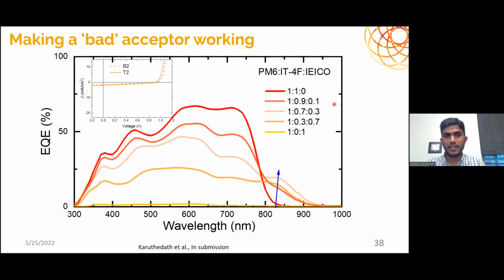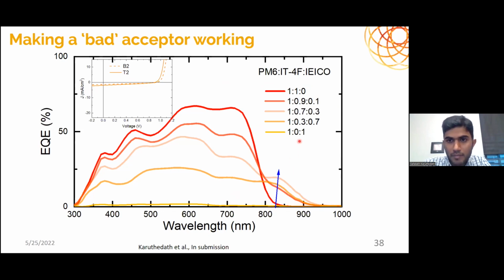To double check that, we selected the bad solar cell, the T2, which is with IICO, and we added IT4F, which has a completely different absorption region compared to IICO. You can see that in the ternary system, there is no photocurrent in the region of 800 to 900.